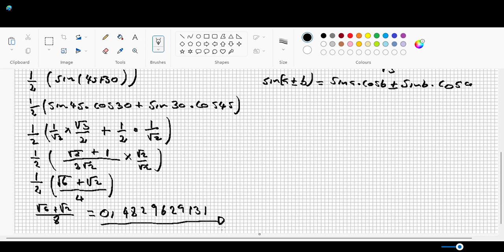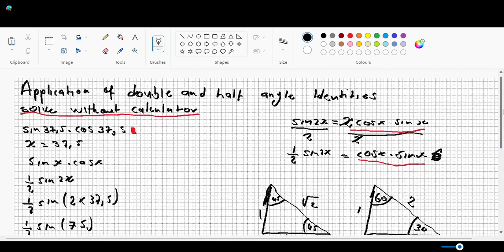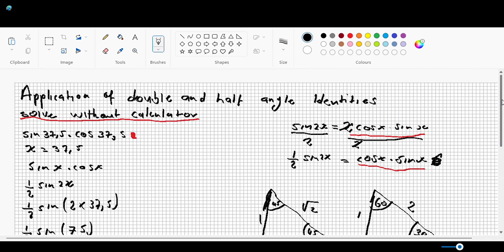So this is the answer if you leave it in decimal notation. But the reason why I'm doing this is, if you decide to take the original formula here and put it in a calculator, it's going to give you the very same answer we got as the final answer.